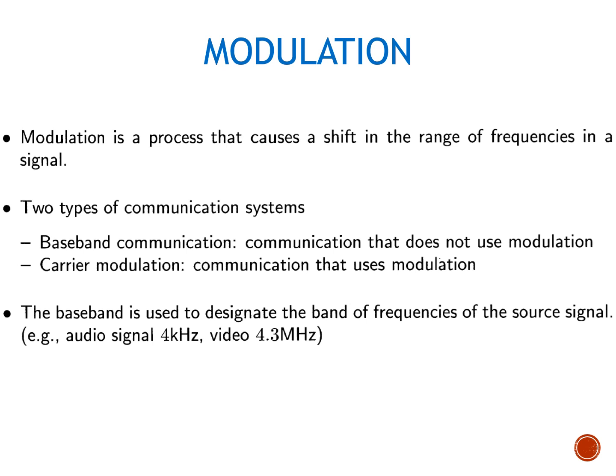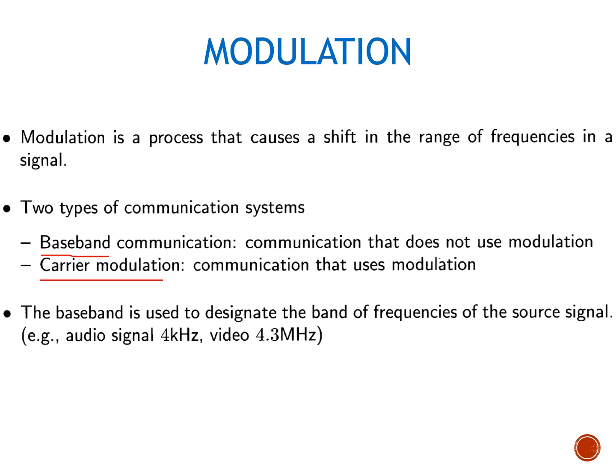There are two communication types basically. One is baseband communication, which does not use any modulation, and the other one is carrier modulation, which uses modulation. Baseband signals are generally in the range of, let's say, 4 kilohertz for audio.